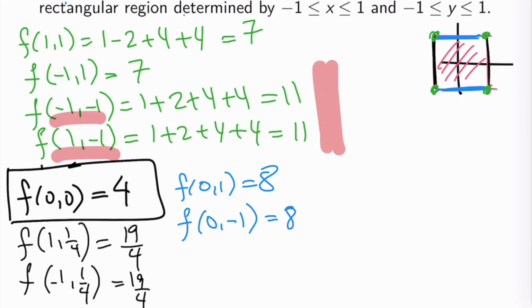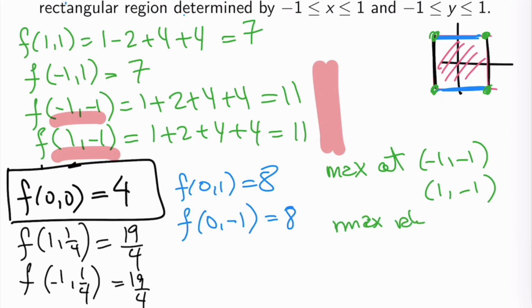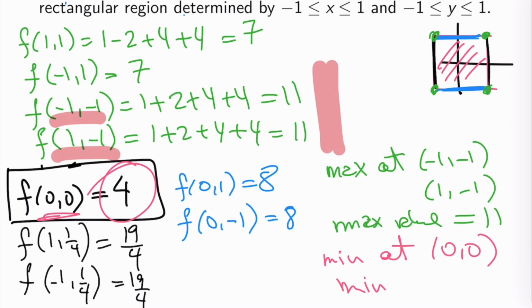So we can write down that the maximum is going to be at (-1, -1) and also at (1, -1). And the maximum value is equal to 11. And the minimal number here is 4. So the minimum happens at (0, 0). And the minimal value is going to be 4.